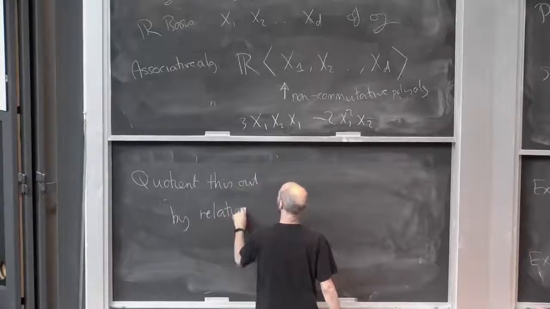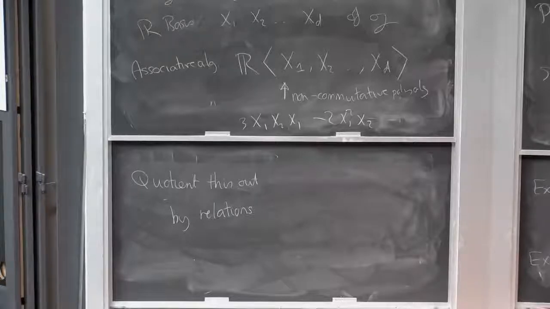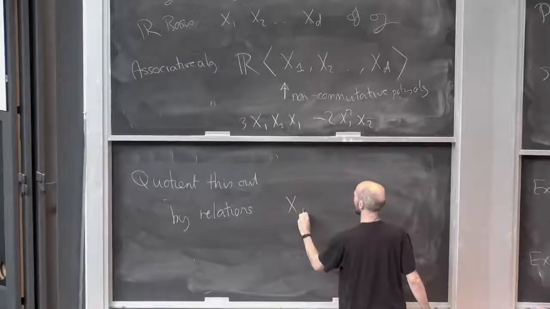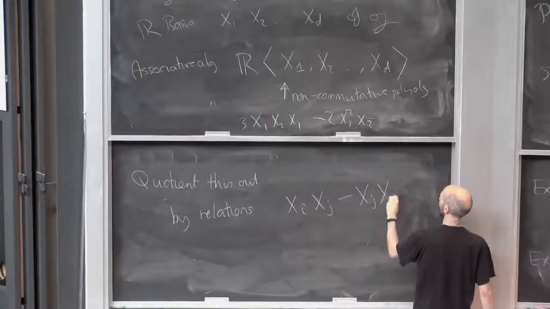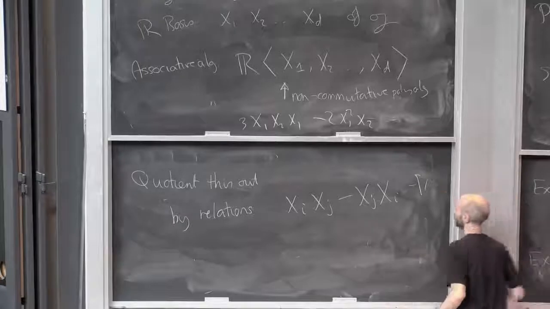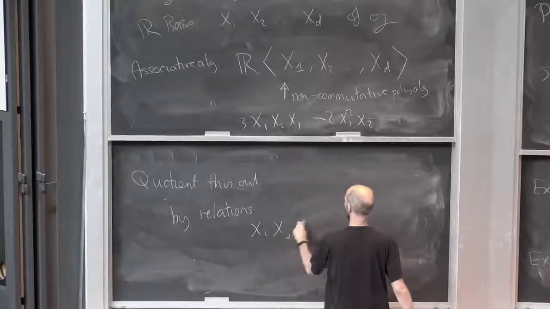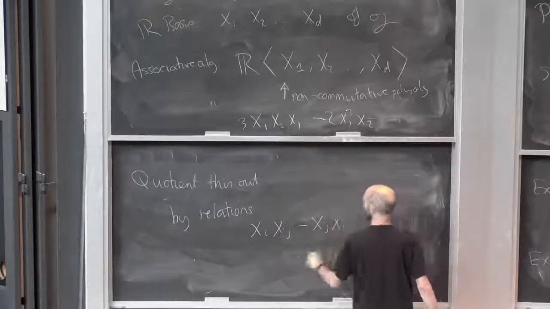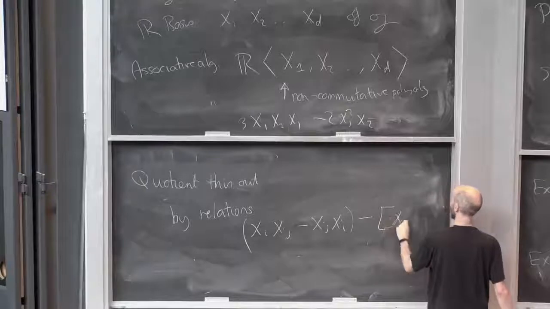You see, what I'm trying to mimic is that when we have associative algebras, we can do A times B minus B times A. So let's quotient out by the relations xi xj minus xj xi, minus box xi xj. That's supposed to be the bracket of xi and xj.